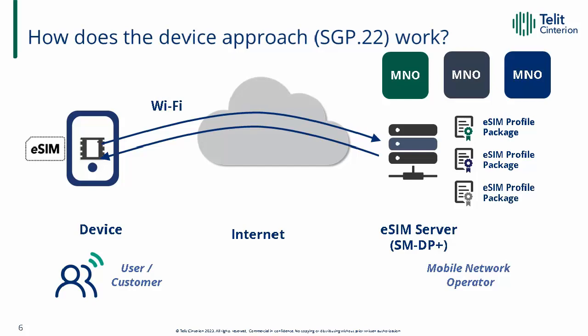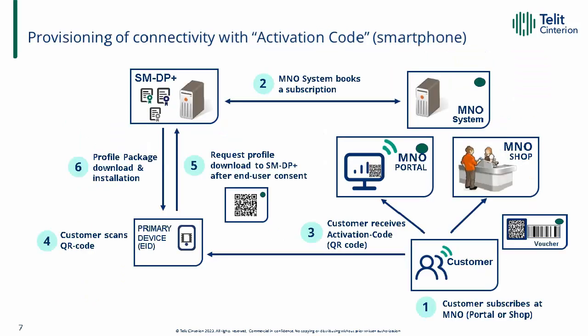So I will take this mobile cell phone example for you to understand the consumer model eSIM again. Basically, at the very first step, either you visit the mobile network operator's offline shop, or you go to the portal and then purchase your subscription.